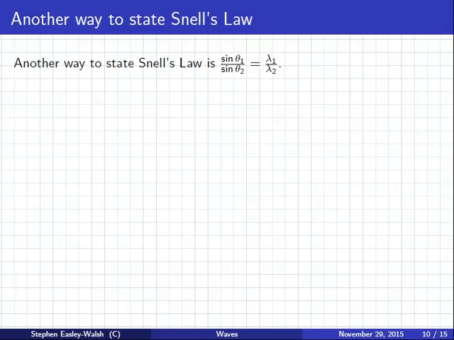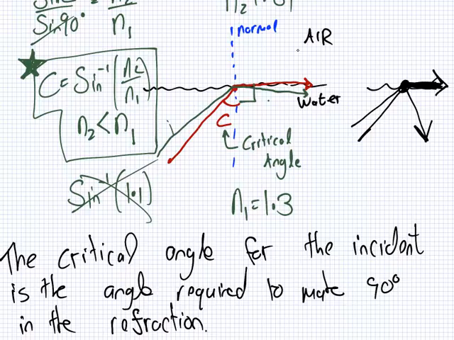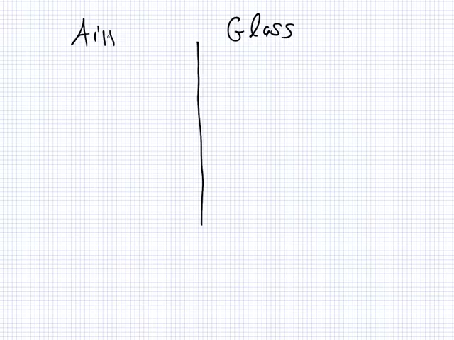Do you have your table from the last class with the electromagnetic spectrum in it, with the numbers? So watch this. Imagine I have some glass here, and this is air. So again, we'll say N1 equals 1, and here N2 equals 1.5, something like that.